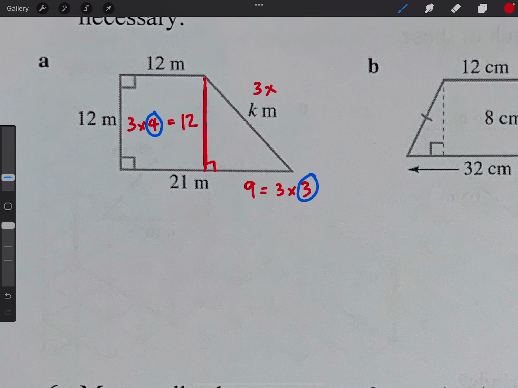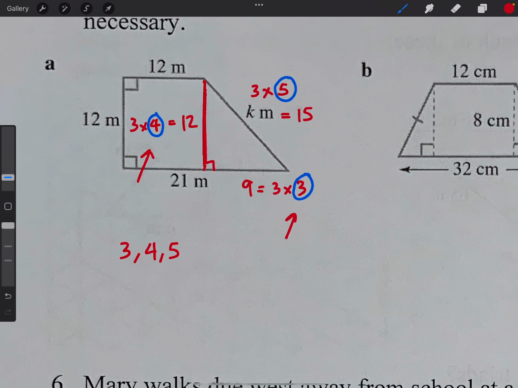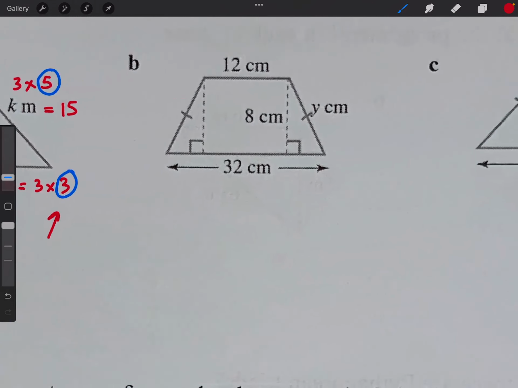Remember the Pythagorean triad of 3, 4, and 5? If this is 3, this is 4, this must be 5. So therefore this is 5. Okay, so k is equal to 3 times 5. So k is equal to 15. Alright, next one.